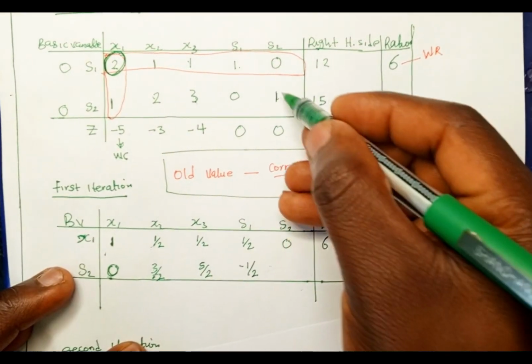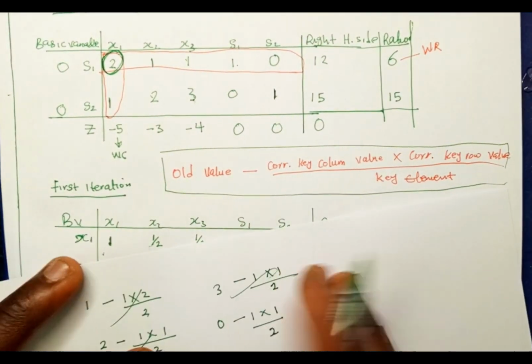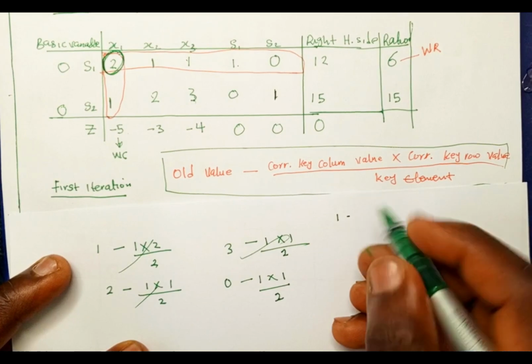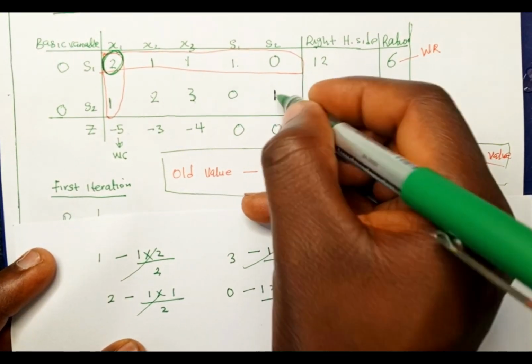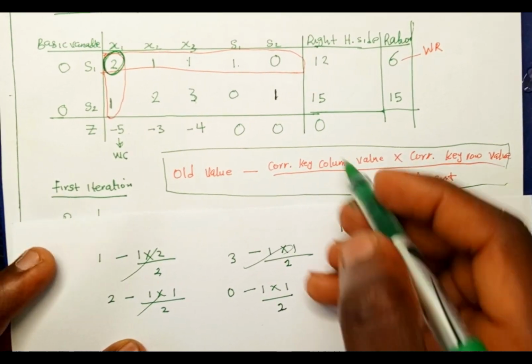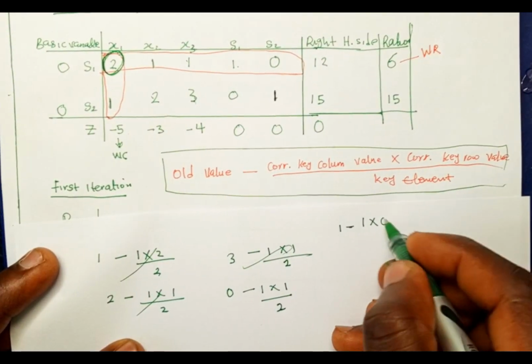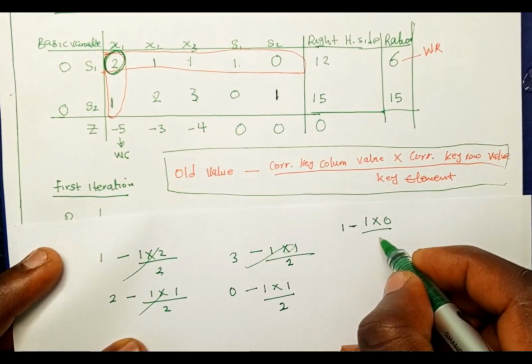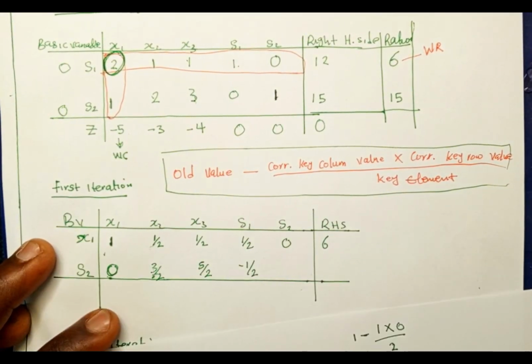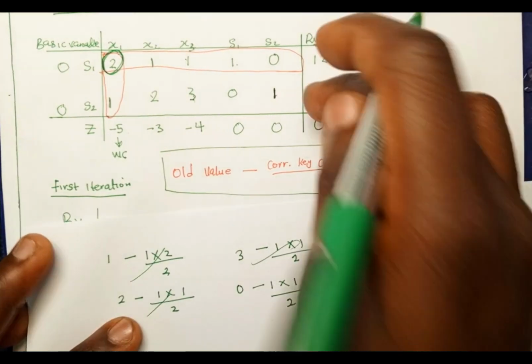So the next one we're going to change is this 1 here. The old element is 1, then minus corresponding key column value, which is also 1. Then multiply by the corresponding key row value, which is 0 here, everything divided by 2, which is the key element. So if you perform the operation, we are going to have... and we do the same thing to the right hand side.